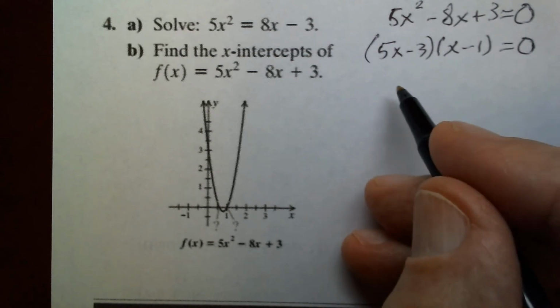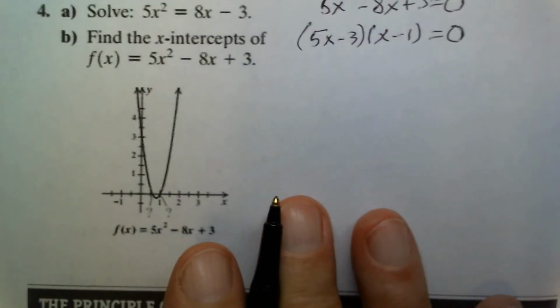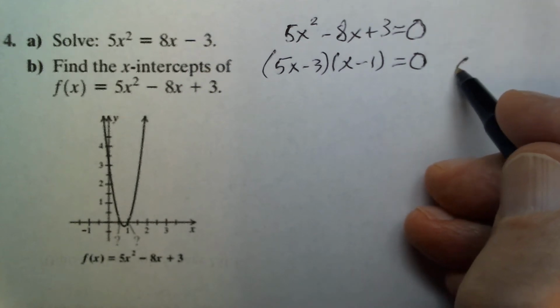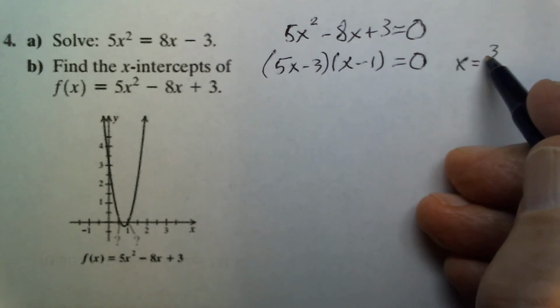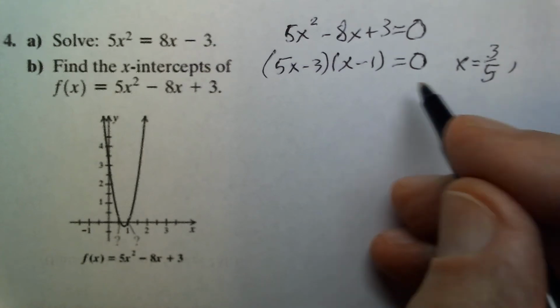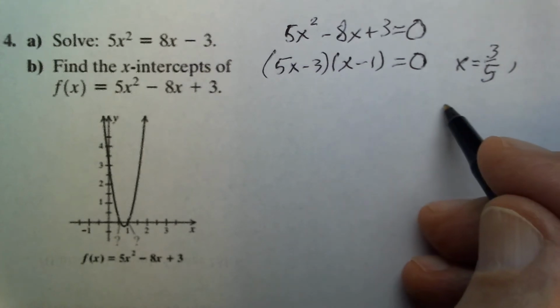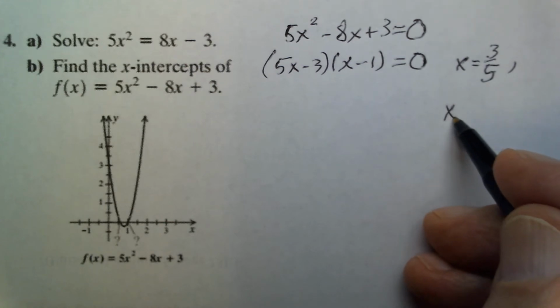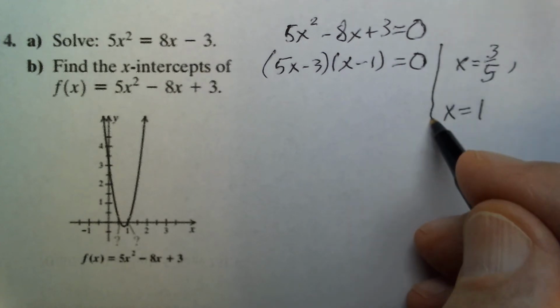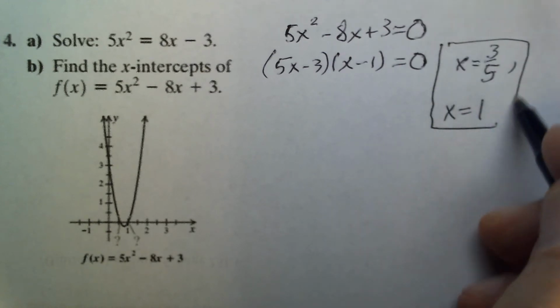And when we set each factor equal to 0, then from the first factor we get x equals 3/5. And the other solution would be x equals 1. So these are the answers for the first part, A.